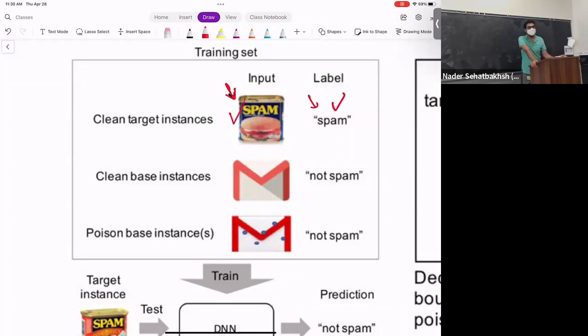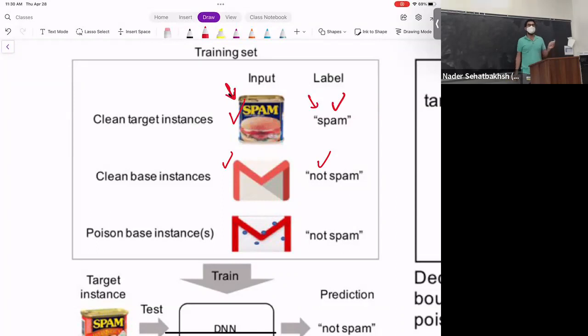It's a spam, and it's been labeled correctly. You also have a clean base instance where it's not a spam and it's also labeled correctly, right? So you either have spam labeled correctly, or not spam labeled correctly.